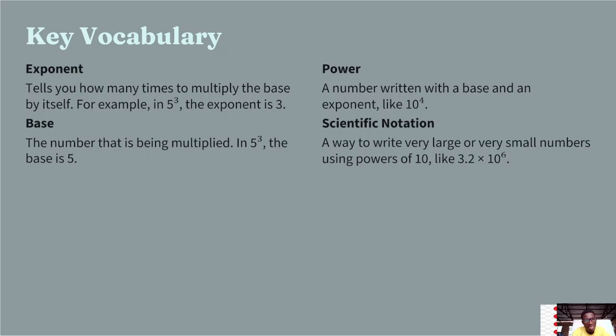All right. The next word we want to look at is scientific notation. Scientific notation is just a special way to write very large or very small numbers using powers of 10. So for example, if you have a number like 3.2 times 10 exponent 6, which is equivalent to 3,200,000.